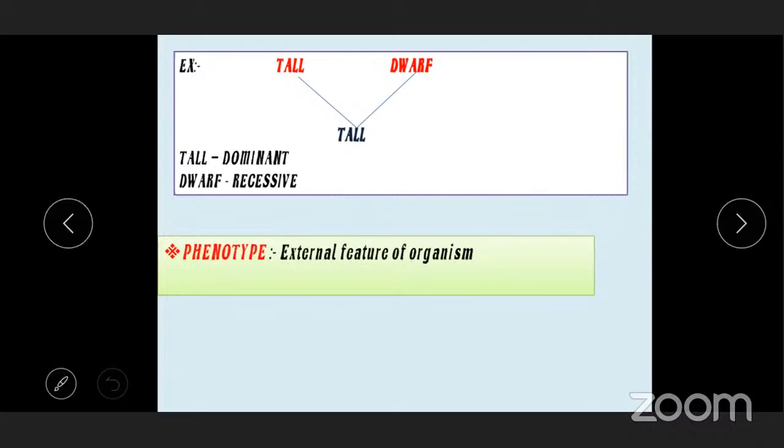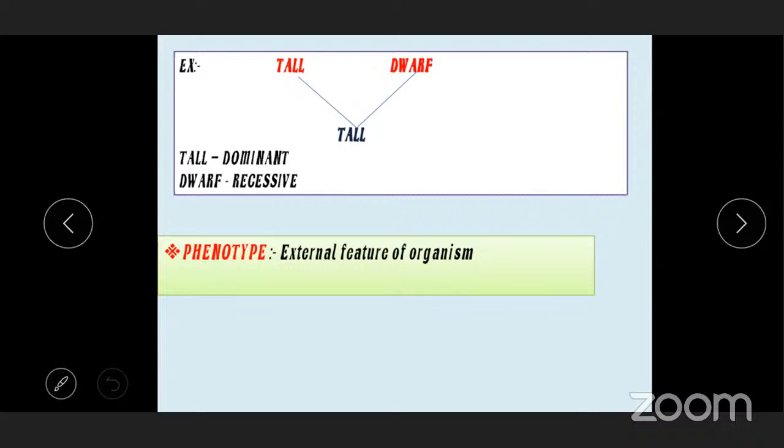Next term, phenotype. Phenotype means the external feature of an organism or trait, its physical appearance. Physical appearance means the visible character, the character clearly visible outside.